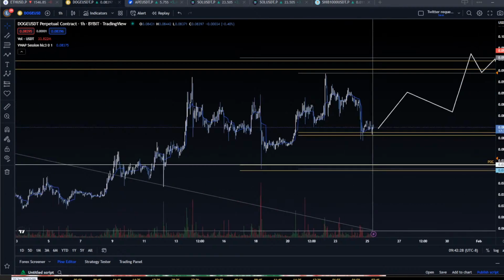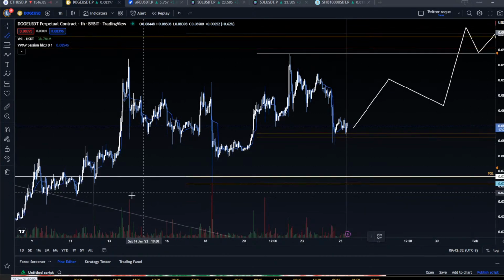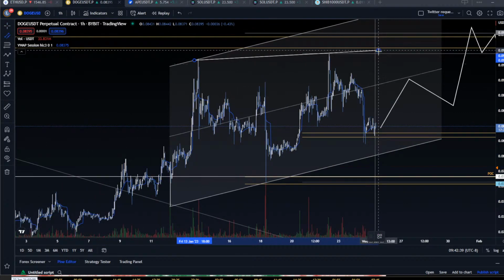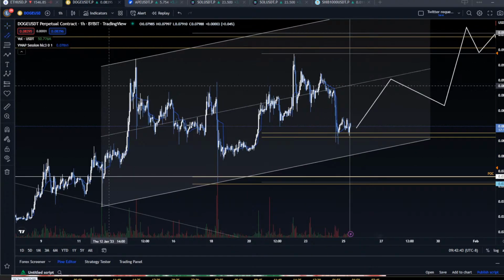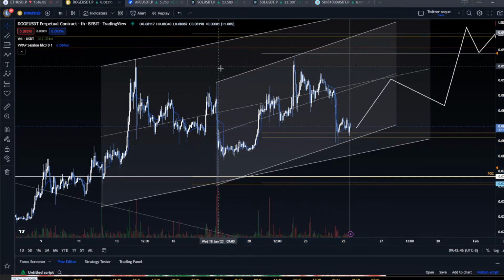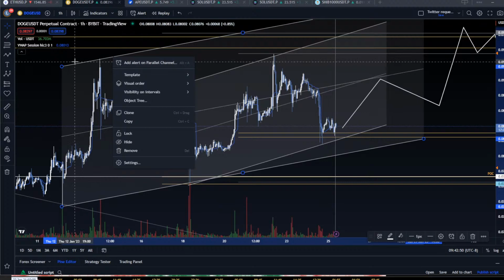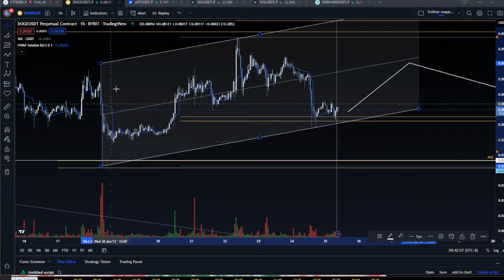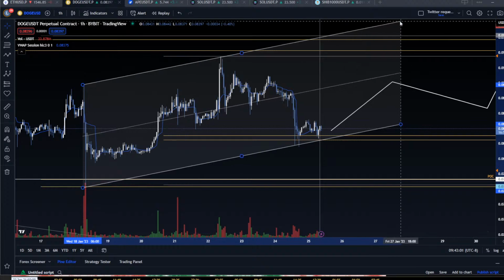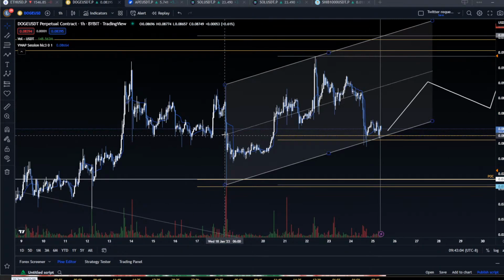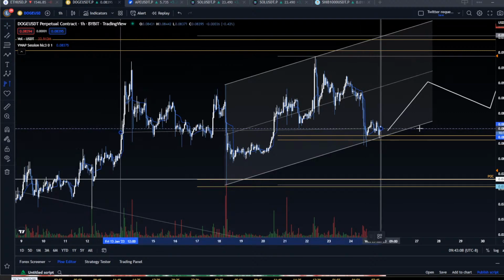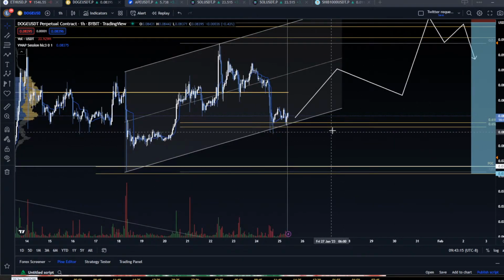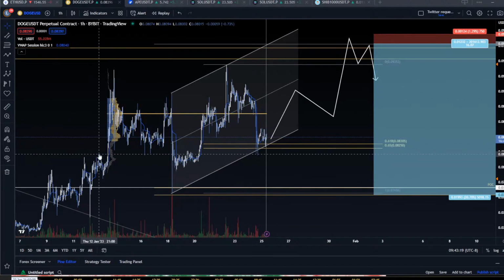Let's just look at some local levels really quick. Yeah, there's always local ideas in a range, right?